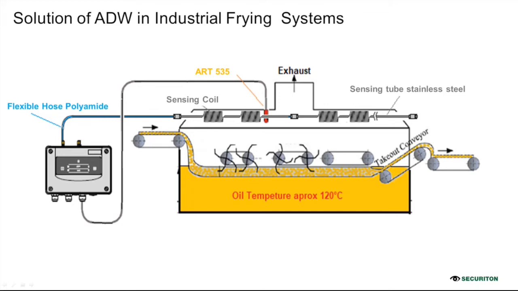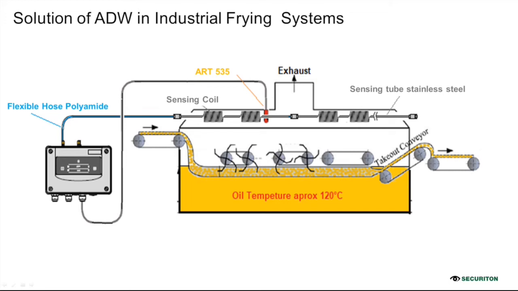Here, as you can see, we are running a tube which comes with a flexible hose or a hard plastic tube from where the ADW is being kept, and when it reaches the conveyor or the fryer conveyor, it has to be a SS tube or a stainless steel tube.